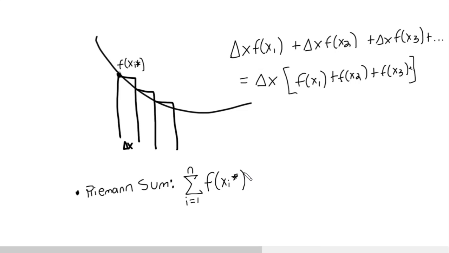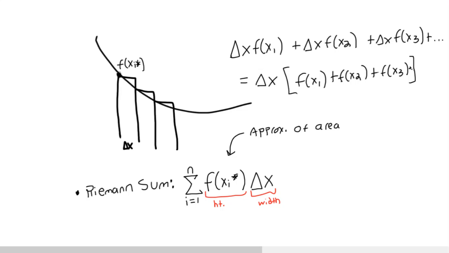Don't be intimidated by the xi star. That just means this is the height of each little rectangle, and then times delta x. So this is an approximation of our area. Recall that f of xi star is the height, and delta x is the width of each little rectangle.